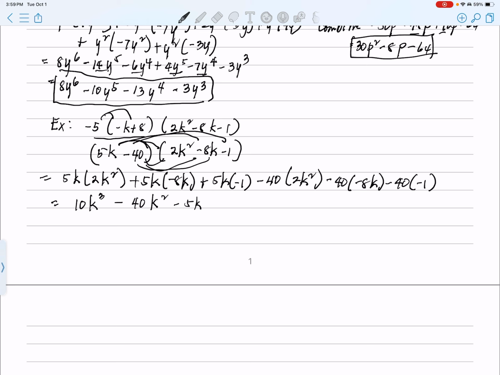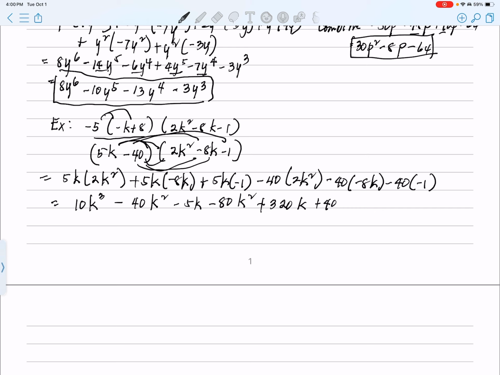Negative 40 times 2k squared, that is negative 80k squared. Negative 40 times negative 8k, that's positive 320k. Negative 40 times negative 1, that's positive 40.